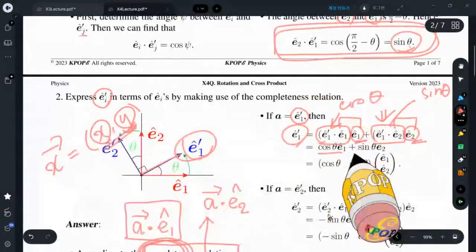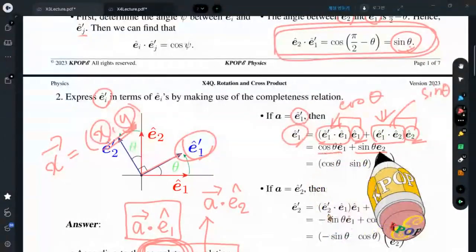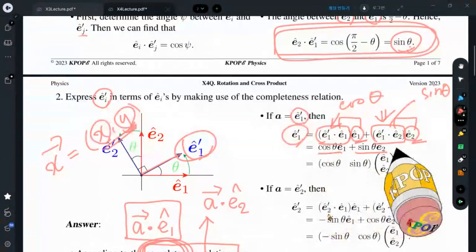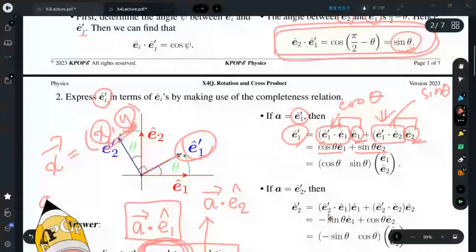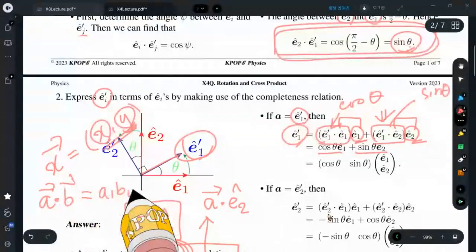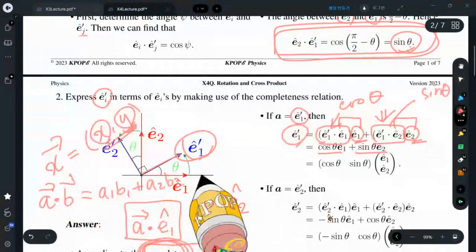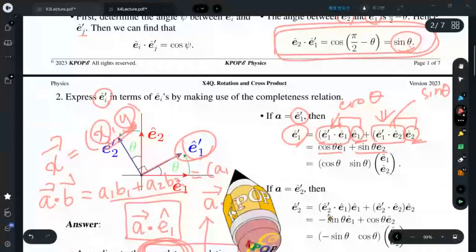By the way, this has the same structure as some scalar product. In the previous class, A dot B is expressed as A1 B1 plus A2 B2 in two dimensions. This can be expressed as A1, A2 and B1, B2.